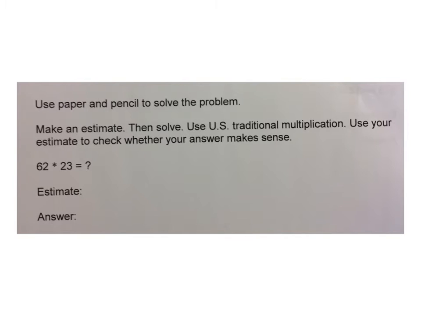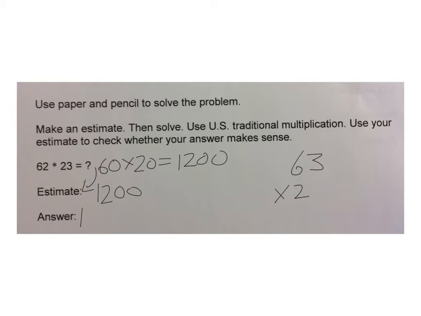So here again I am using traditional multiplication and estimating. I'm actually going to estimate first. 60 times 20 equals 1,200. So I should have written that for my estimate, 1,200. And now I can multiply.